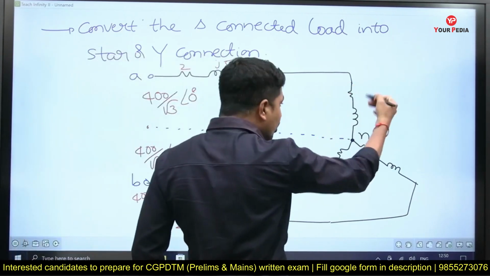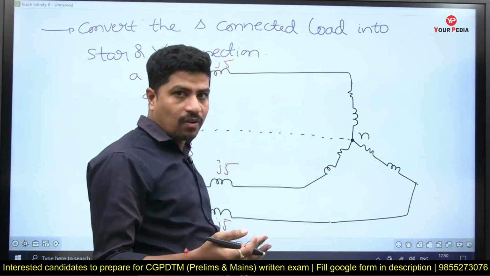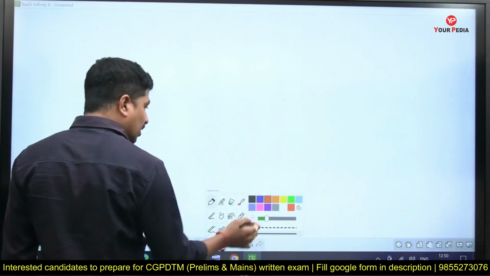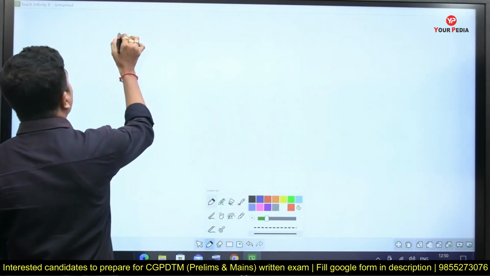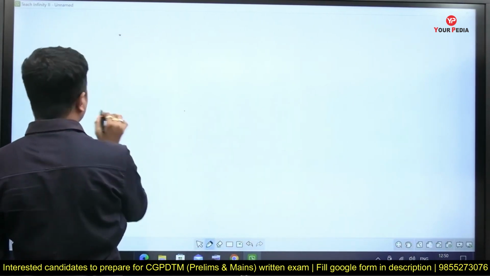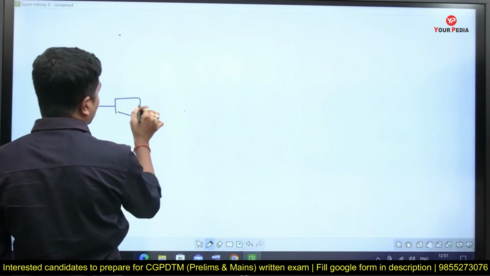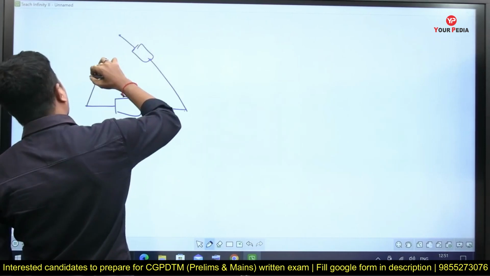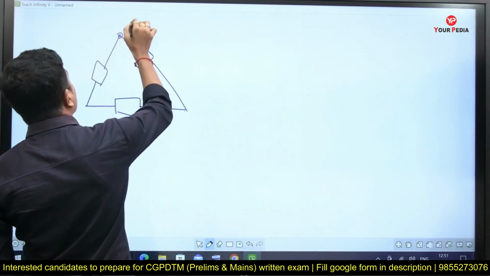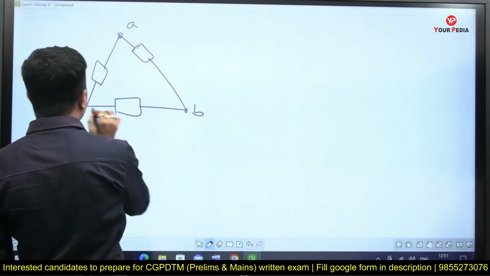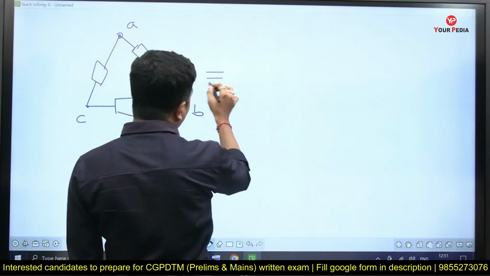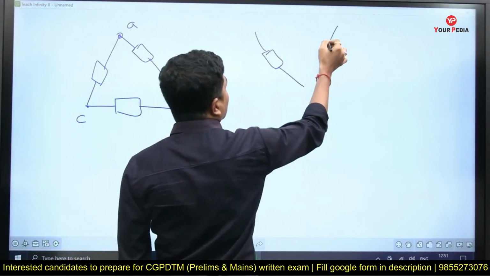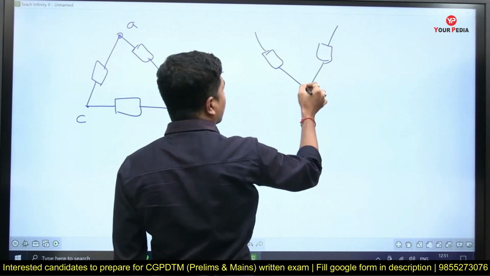Now how much is this? If you convert from delta to star, I'll write here. That also you have to write in the examination. Take some impedance. This is delta connected impedance A, B, C. Its equivalent will be in star like this.